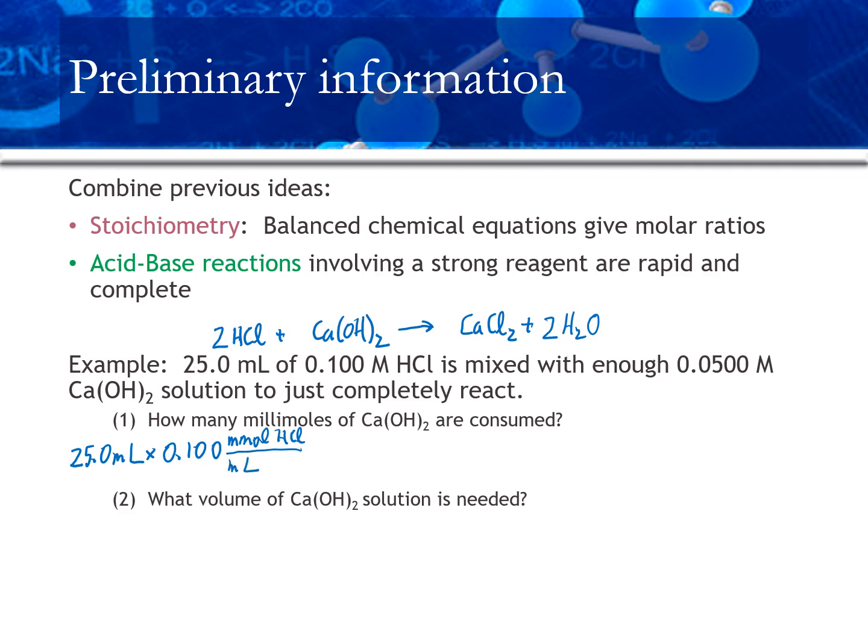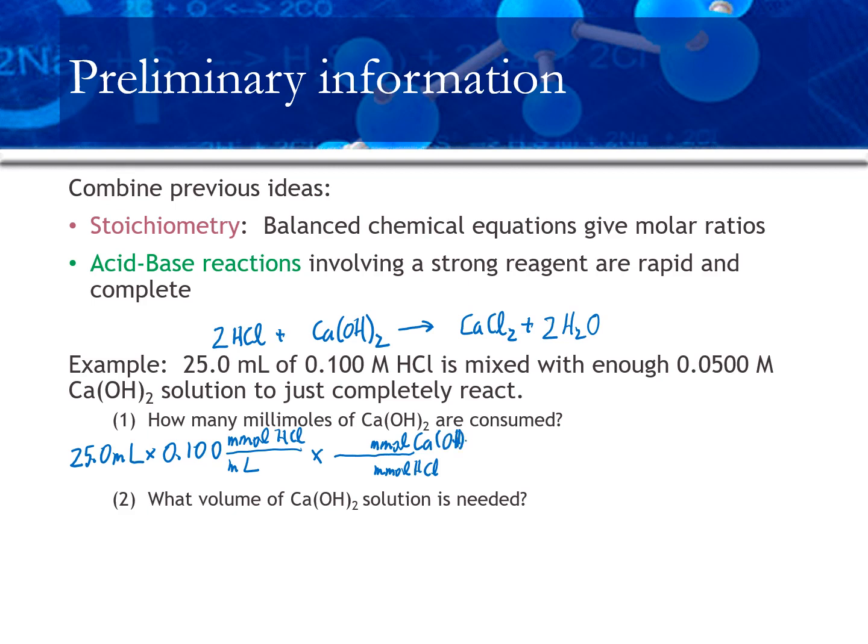That's the same thing as moles over liters. The millis cancel out. That will give me millimoles of HCl. And then I do a conversion using this stoichiometric ratio. So I want to cancel out millimoles of HCl and replace it with millimoles of calcium hydroxide.